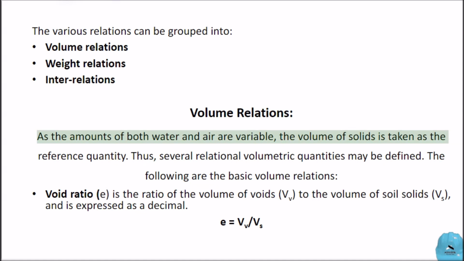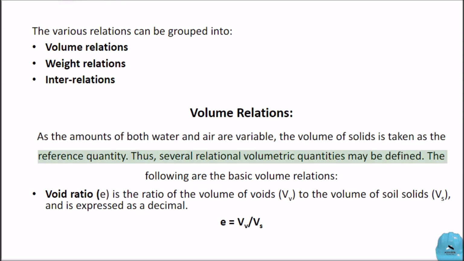As the amounts of both water and air are variable, the volume of solids is taken as the reference quantity. Thus, several relational volumetric quantities may be defined. The following are the basic volume relations.